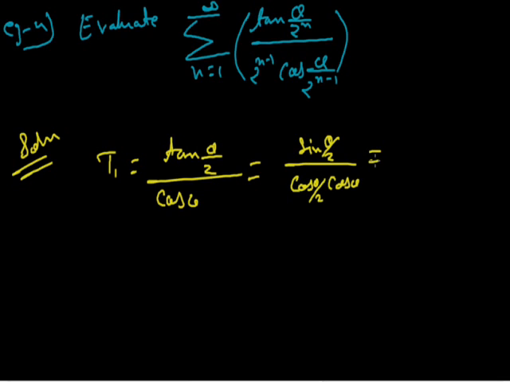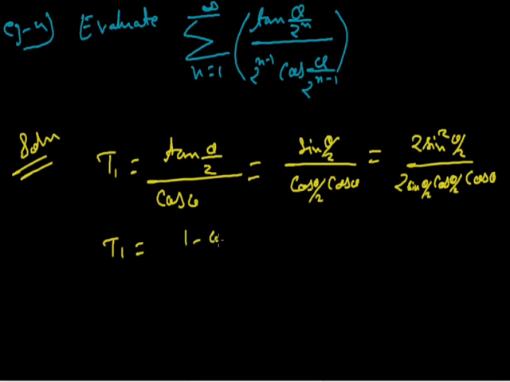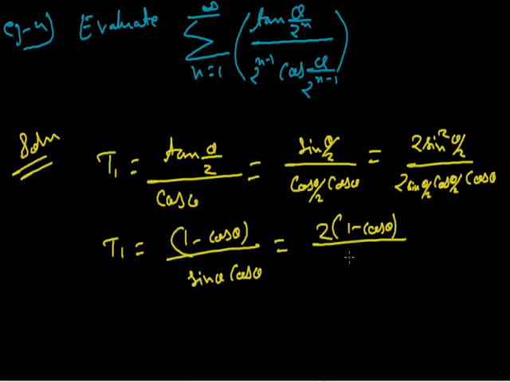We have multiplied sin(theta/2) in numerator and denominator, therefore it became 2 sin square(theta/2) upon 2 sin(theta/2) cos(theta/2) cos theta. Therefore T1 is equal to (1 minus cos theta) upon sin theta cos theta, which is equal to 2 upon sin 2 theta minus 1 upon sin theta.